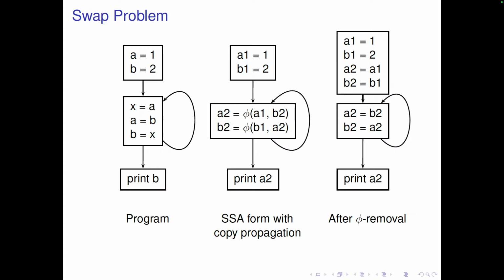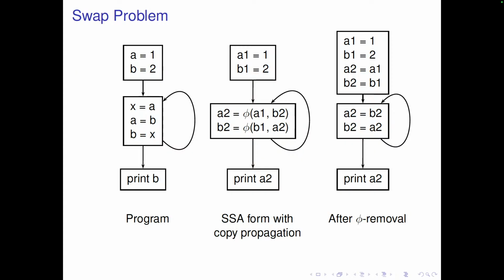Is there any difference between this block and this block? Something I said, some property of phi functions. Something you do in Python but you cannot do in C. Concurrent assignment. If I write here A2, B2 equal to B2, A2, this will work fine.